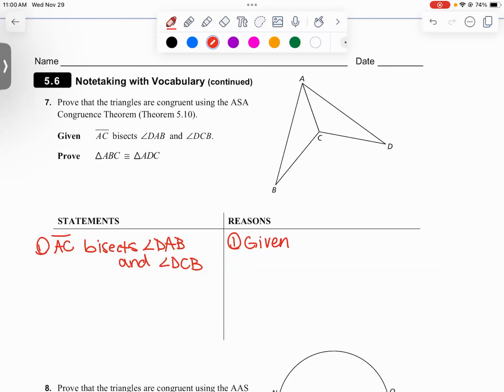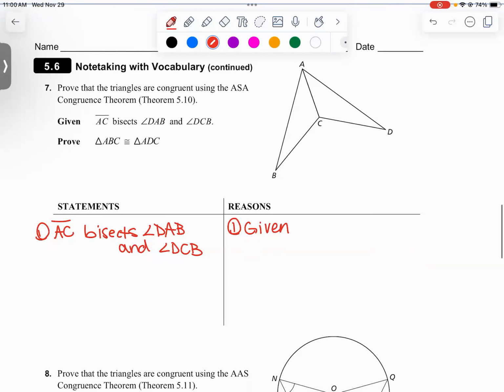So if there's the word bisects in your given, you can use the reason definition of bisector. If it doesn't say bisects, you're probably not going to use the word bisector in your reasons.